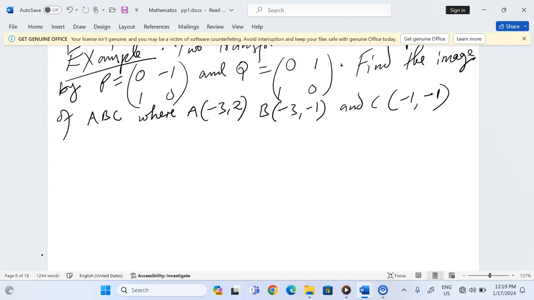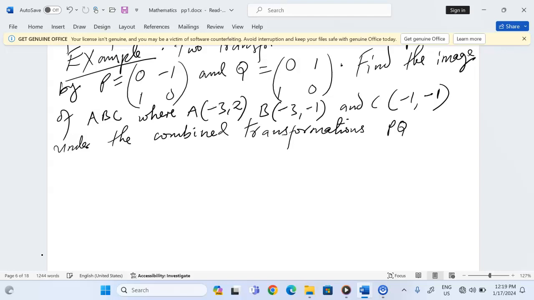And the combined transformations P, Q. Solution.